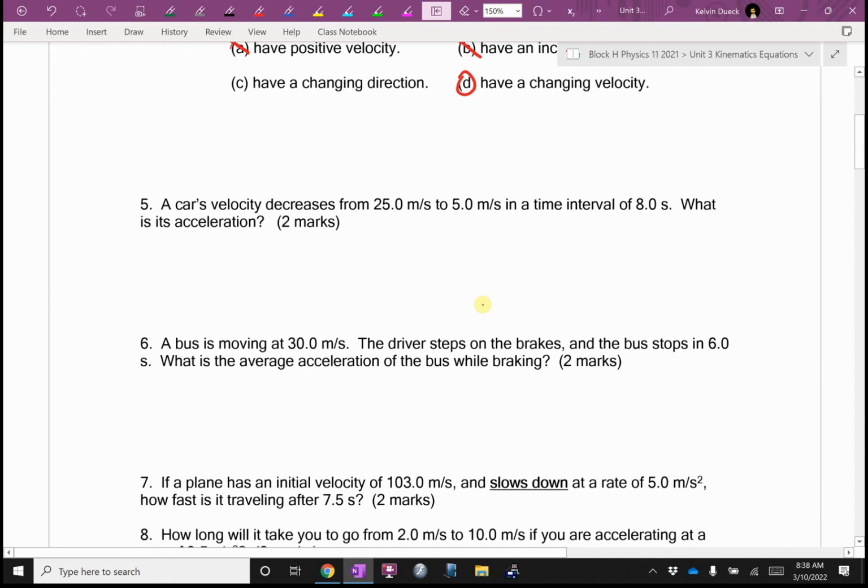All right. A car's velocity decreases from 25 to 5 in a time interval of 8 seconds. Okay. I would say A equals question mark. I'm good with that. Diego, what's this 25? VI, I totally agree. What's that 5? And T is 8. We're going to use VF equals VI plus AT, but when you rewrote it, what equation did that end up becoming when you got the A by itself?